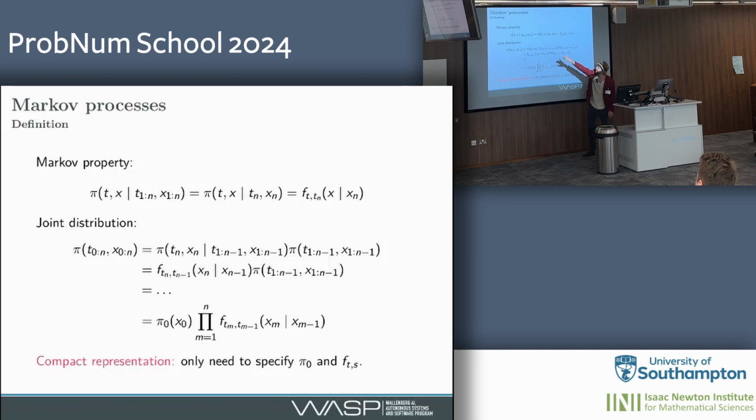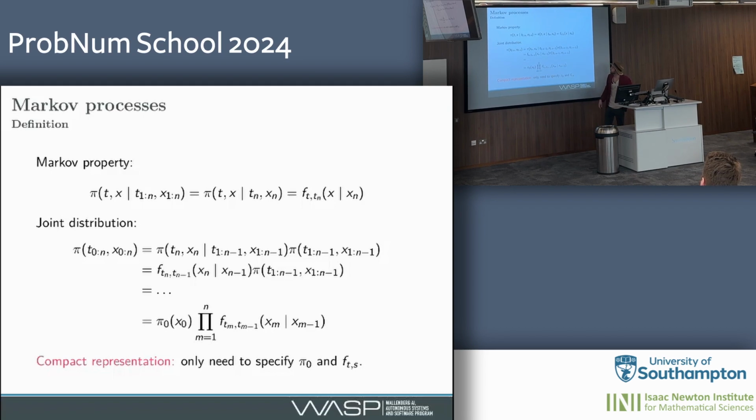So we don't need to record the entire path of the process to predict it in the future. We just need to know the latest value. I'm going to denote this conditional density by f, and maybe call it a transition density or Markov kernel.